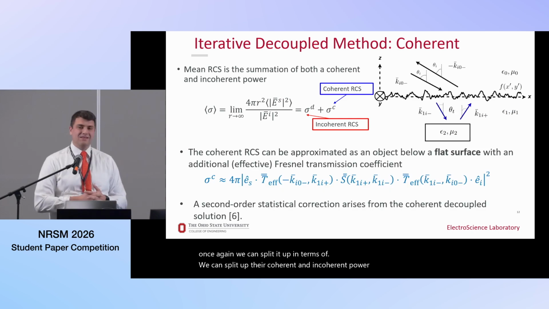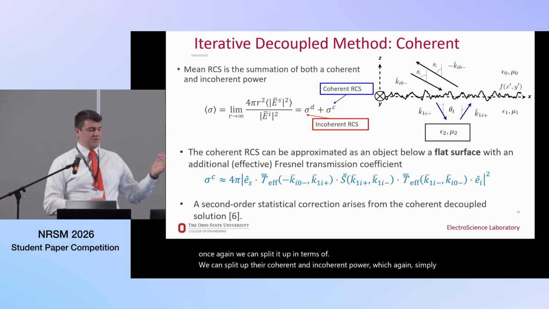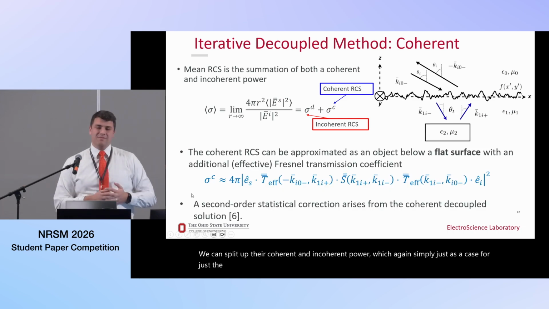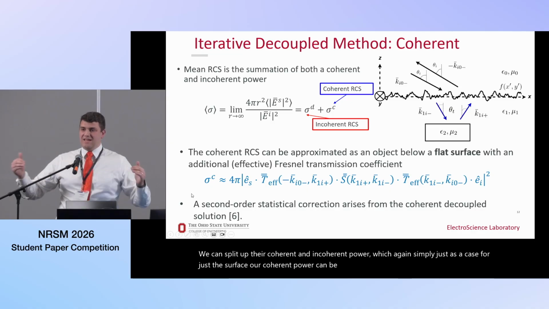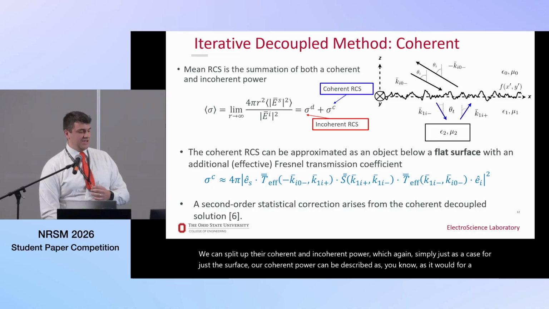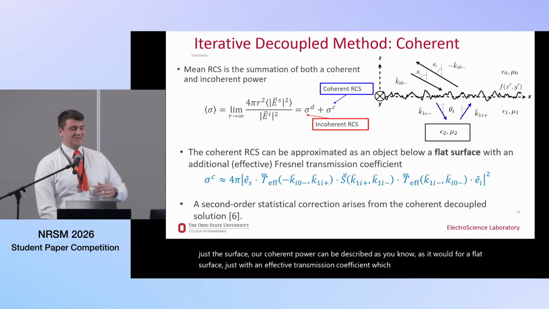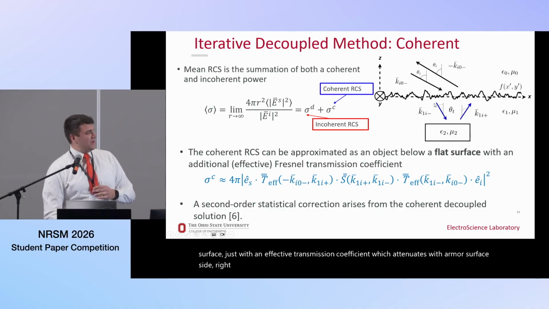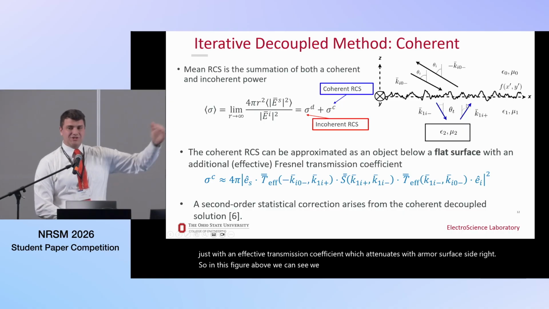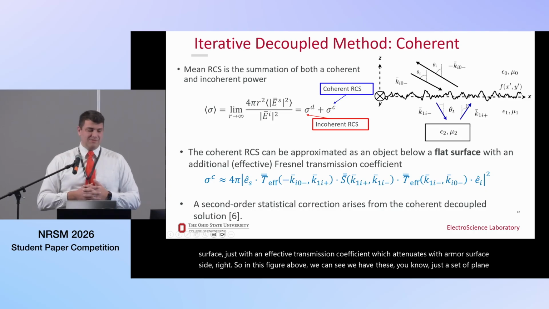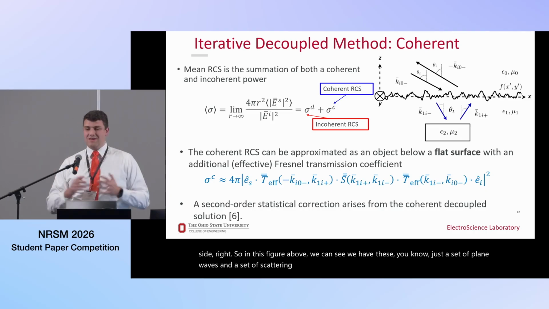Just as in the case for just the surface, our coherent power can be described as it would be for a flat surface, just with an effective transmission coefficient, which attenuates with RMS surface height. So in this figure up above, we can see we have a set of plane waves and a set of scattering plane waves from our object. That's all we have to account for.